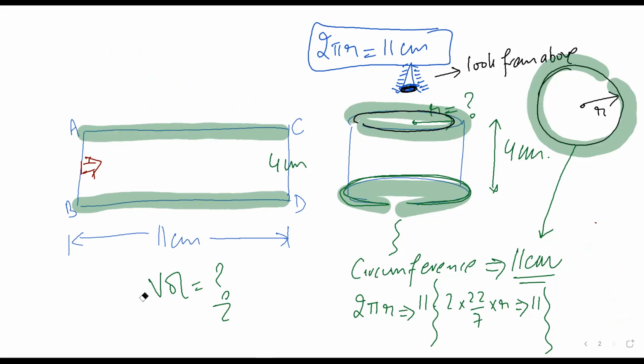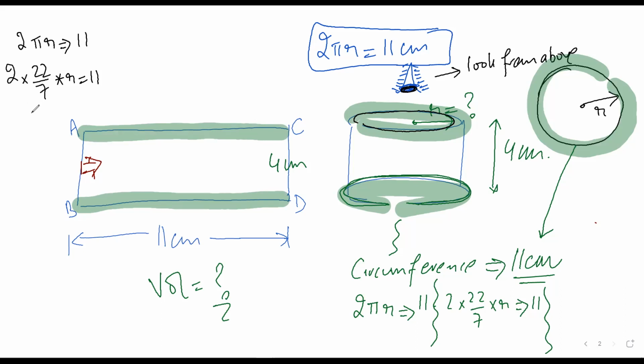So 2 pi r is equal to 11. Are we okay till here, Satya? Yes, sir. So 2 into 22 by 7 into r is equal to 11. Are we okay till here? Yes, sir.